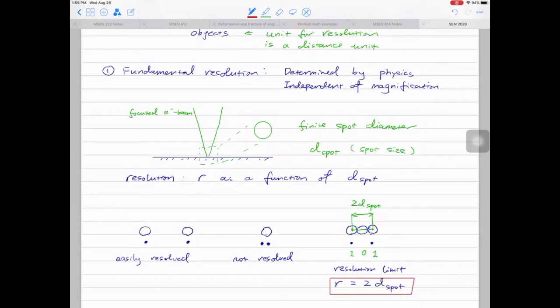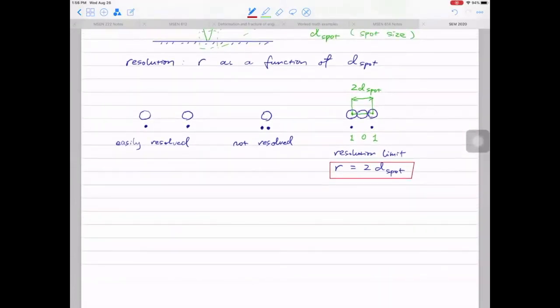Okay, let's quantify resolution just very quickly. There are many criteria we use to quantify resolution. The one people use regularly is called the Rayleigh criterion. What Rayleigh says is the resolution, which he calls delta, the same as what we defined as R here, or the theoretical resolution of the instrument, is a constant 0.61 times lambda over NA.